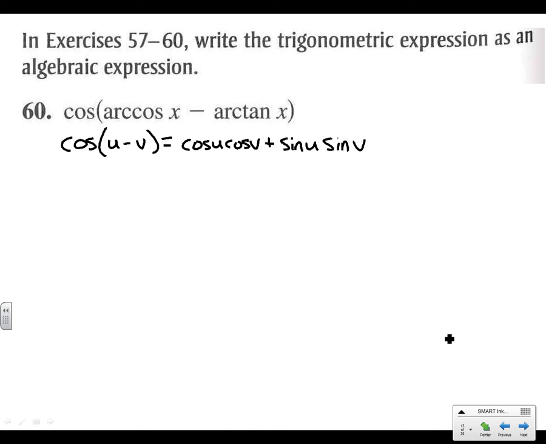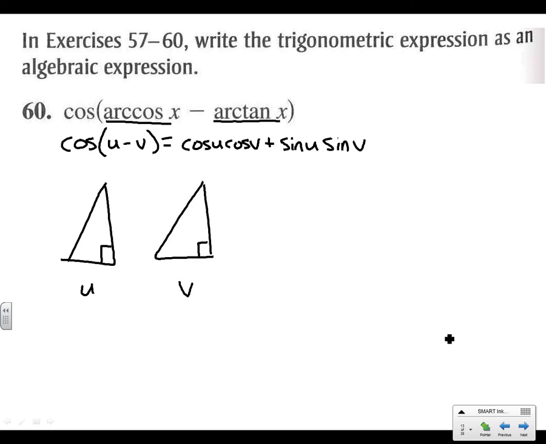The problem is, what is cosine u cosine v? We need to be able to get that from these. And anytime you see the arc cos, we can go ahead and draw a triangle. So I'll put them down here. This will be triangle, the first one, u, and this will be triangle v. All right, so from theta, we have the arc cosine being x.